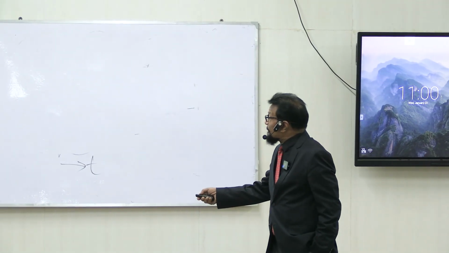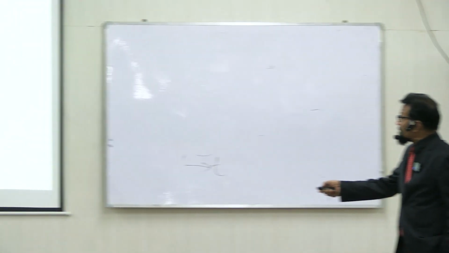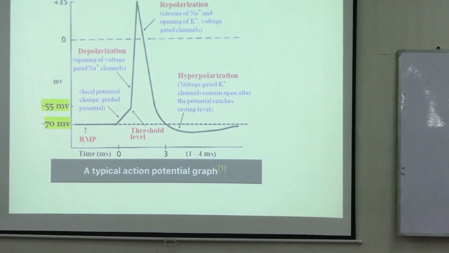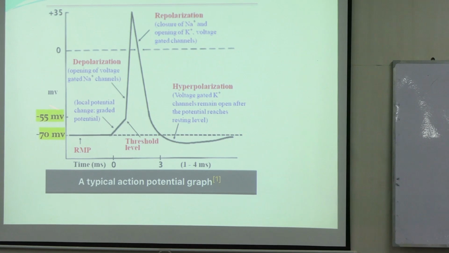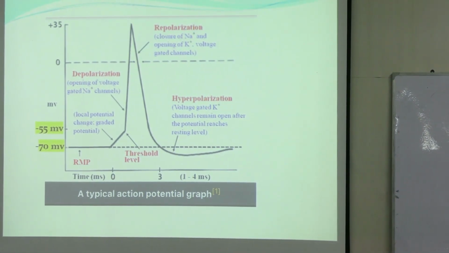When this depolarization attains threshold level, that means minus 55, what happens? Suddenly all the voltage gated sodium channels open. As a result, there will be a rush of sodium inside the cell.